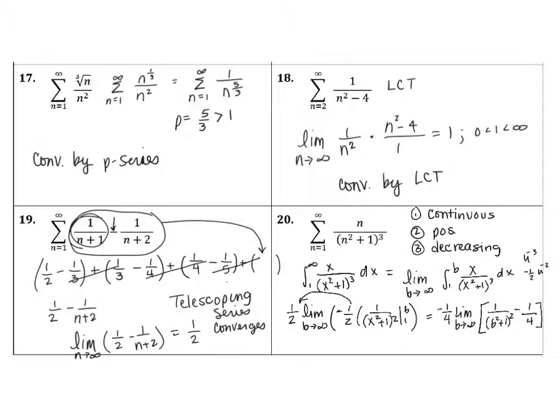And notice that if we let b approach infinity, that mess is going to go off to 0. And so I'm going to have negative 1/4 times negative 1/4, which is going to be 1 over 16, which is positive and finite, so this will converge.